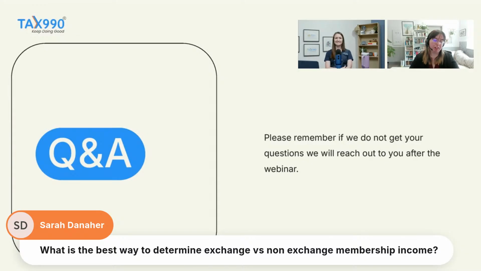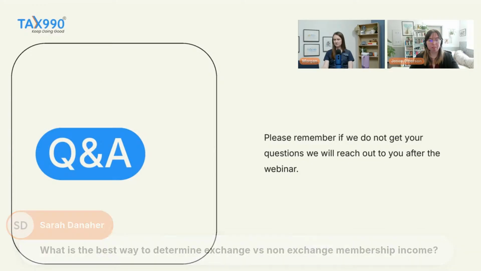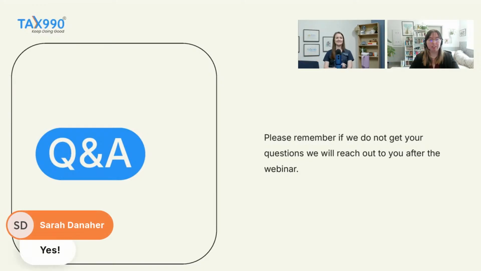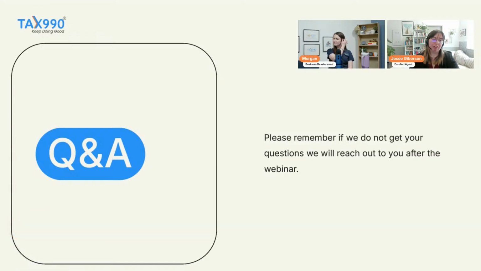Are you talking about when a membership has benefits that are provided in exchange for the membership dues? She said yes. Great. I would make sure that you're flagging that when you're reporting your income.